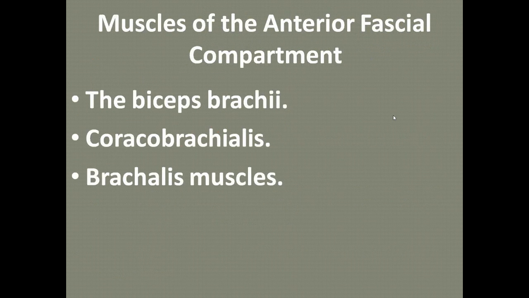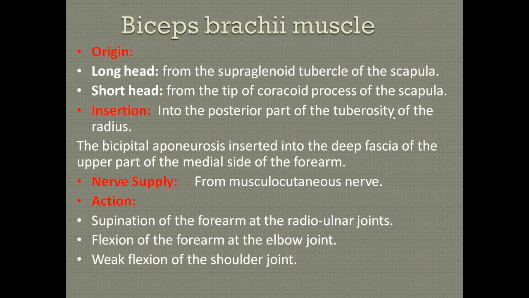The principal muscles of the anterior compartment are the biceps brachii, coracobrachialis and brachialis muscles. Now we will see the muscles' origin and insertion and their specific action. For the biceps brachii, the long head originates from the supraglenoid tubercle of the scapula and the short head from the tip of the coracoid process of the scapula, and it inserts into the posterior part of the tuberosity of the radius.